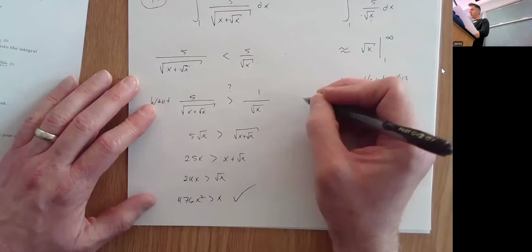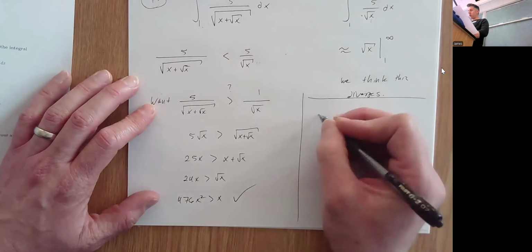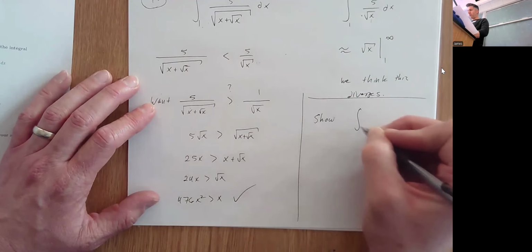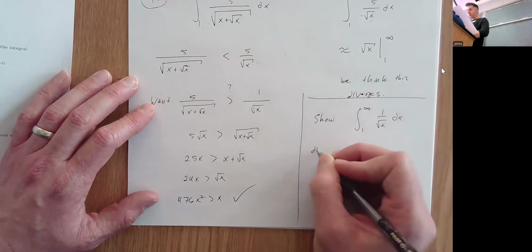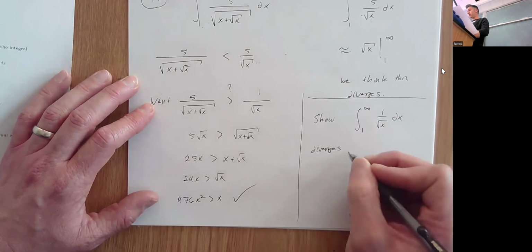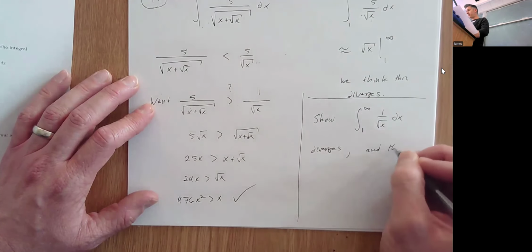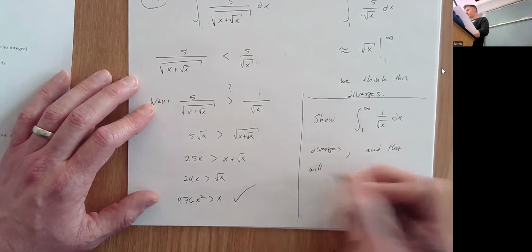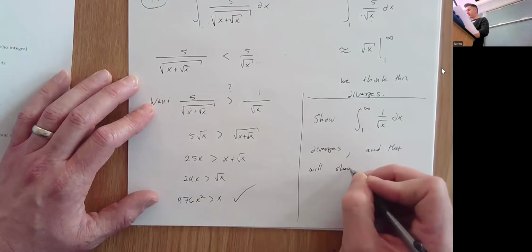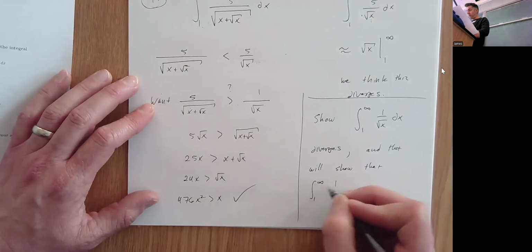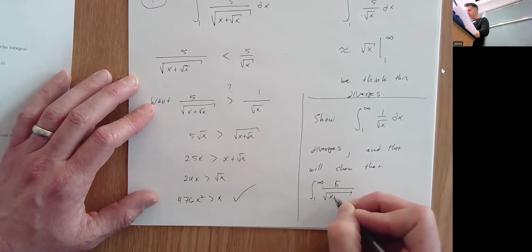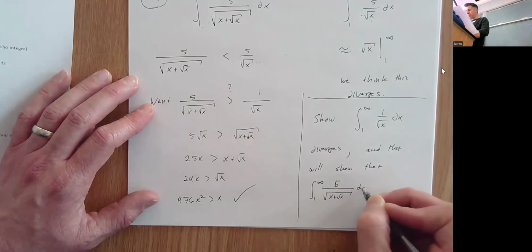And then we can say, great, now our job is just to show the integral from 1 to infinity of 1 over root x diverges, which you can all do on your own. And that will show that the original integral from 1 to infinity of 5 over root x plus root x dx diverges by comparison.